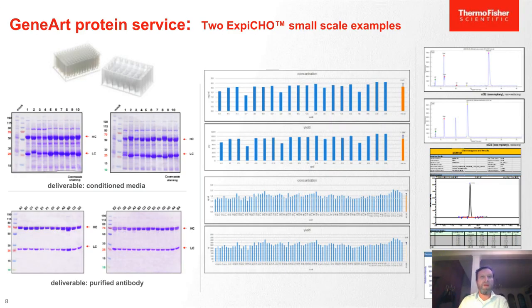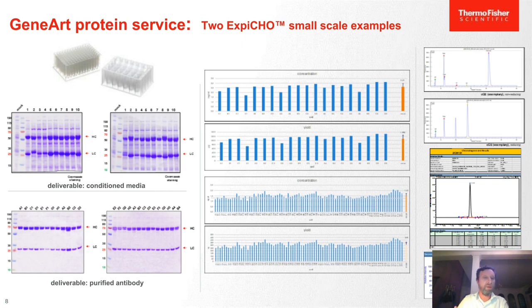Here's something about non-membrane proteins, what customers can expect when they order from us. These are examples from antibodies expressed in ExpiCHO, either in 24 well format or down there in 96 well format. You can see heavy and light chain on the top.